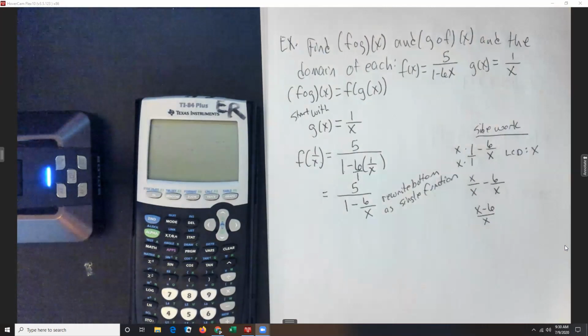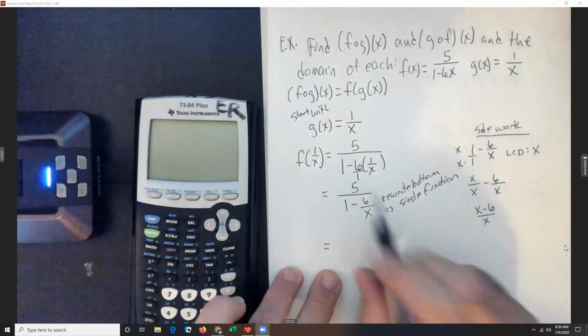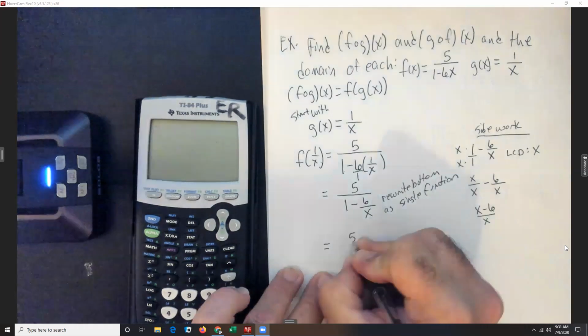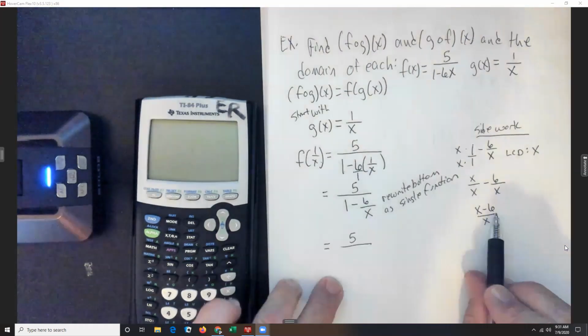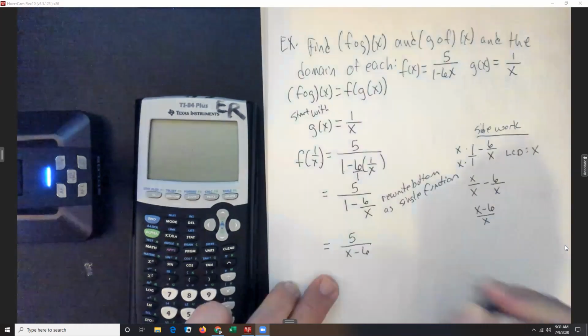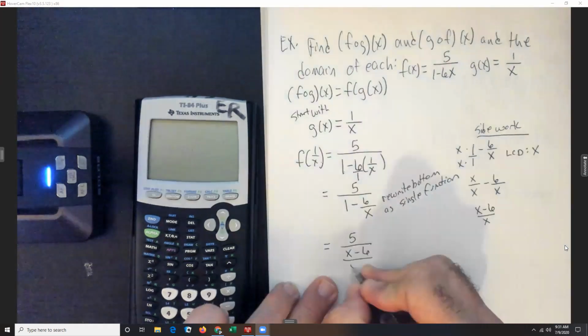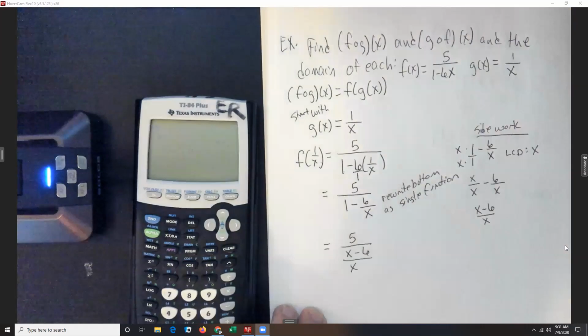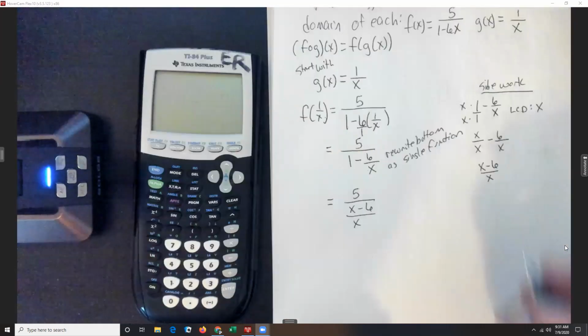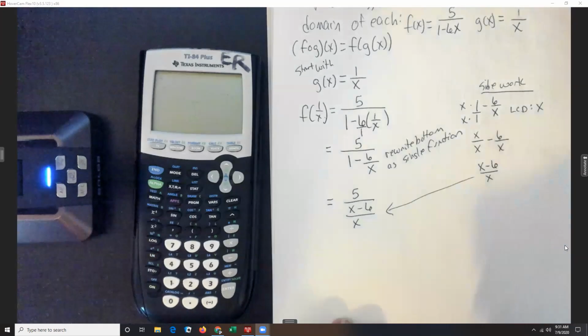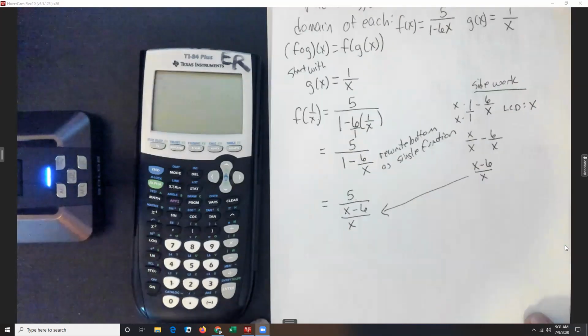So, notice what I got. I got my 5. This 1 minus 6 over x gave me an x minus 6 over x. So remember, I did side work and I put that there. Now, what I would do, we got to keep going.